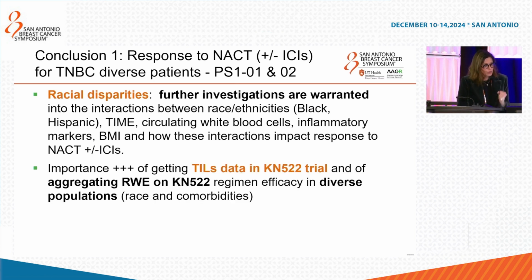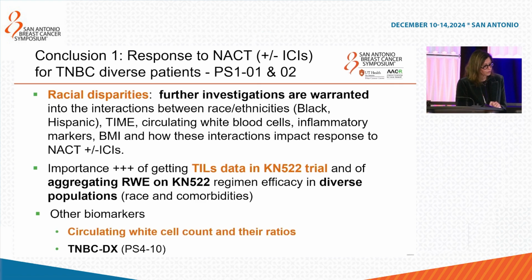It is very important to get TILs data from KEYNOTE-522 trial and aggregating real-world evidence on KEYNOTE-522 regimen efficacy in diverse population with race and also with comorbidities. And I really insist that you look at the different posters on that.